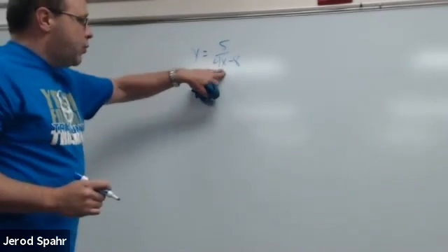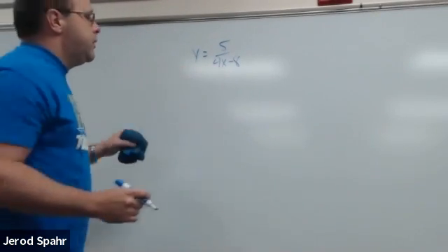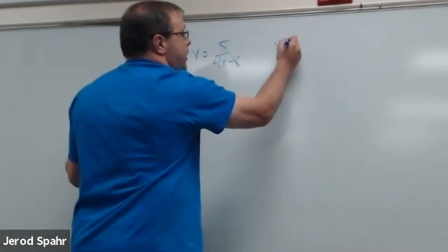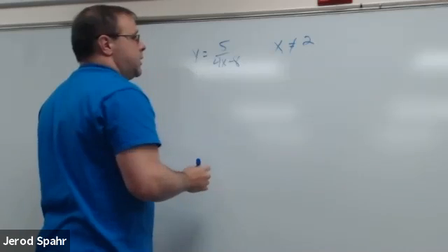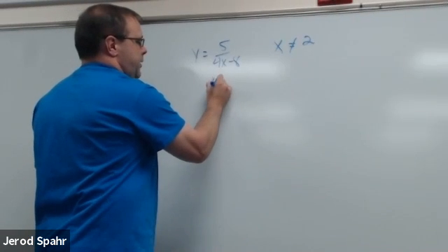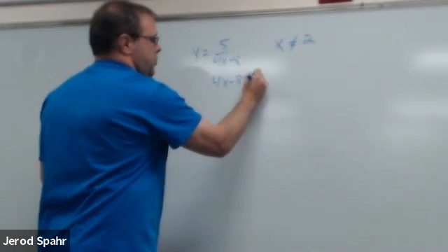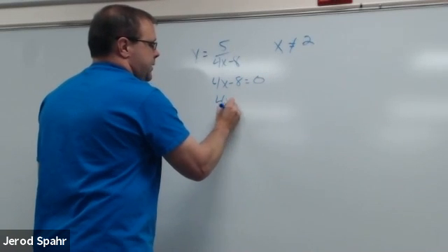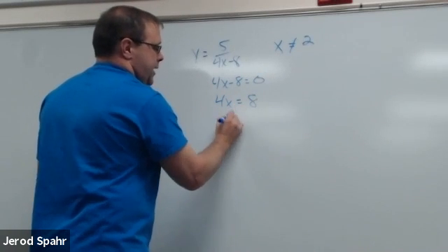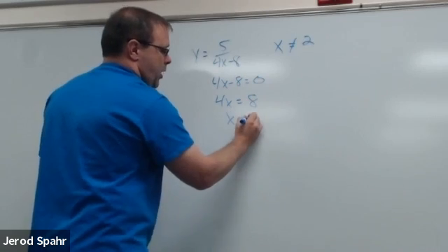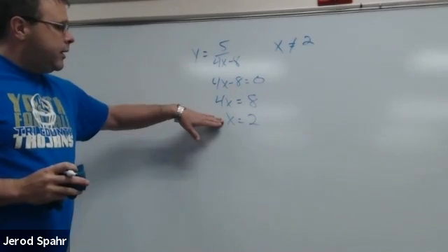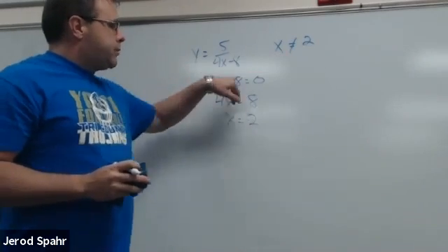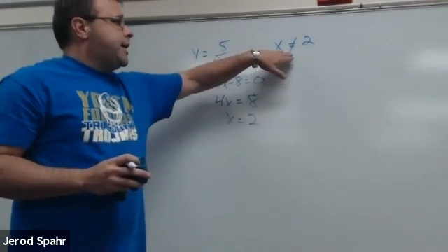We're looking at where this bottom thing is going to be 0. I can look at it and say I know what it is, x cannot equal 2, but I want to double check. 4x minus 8 equals 0, 4x equals 8, divide both sides by 4, x equals 2. Yes, we were right. So x cannot equal 2.